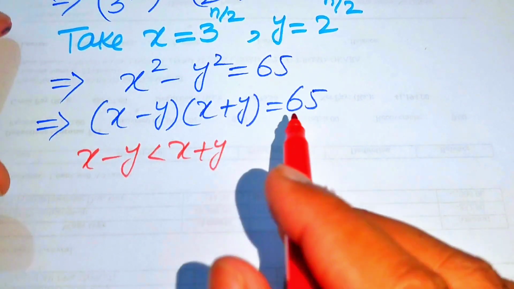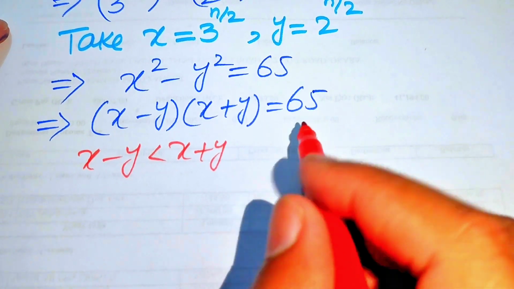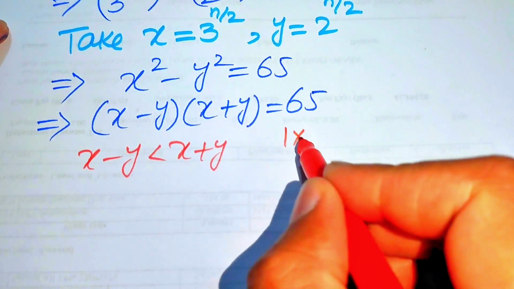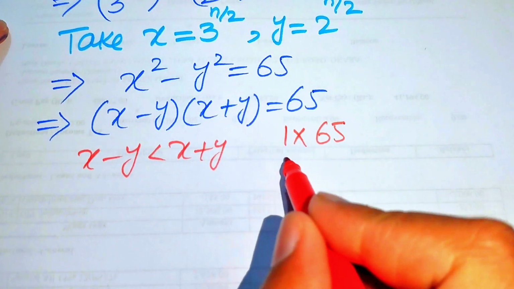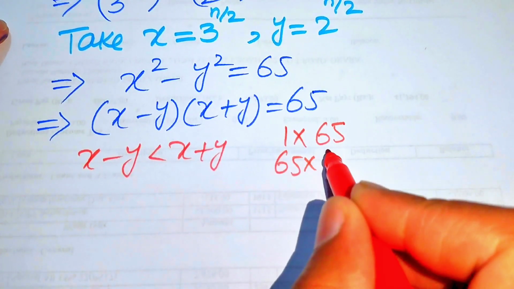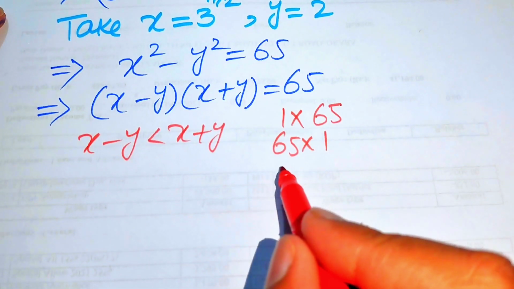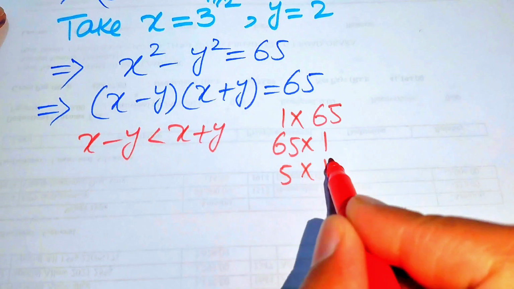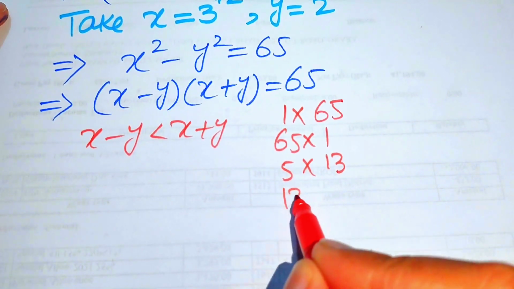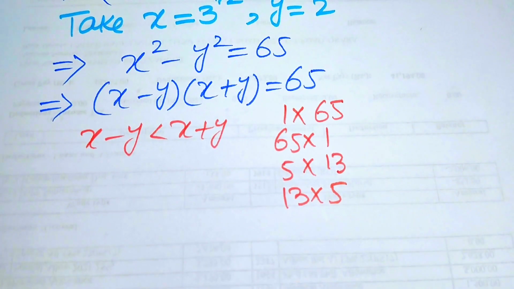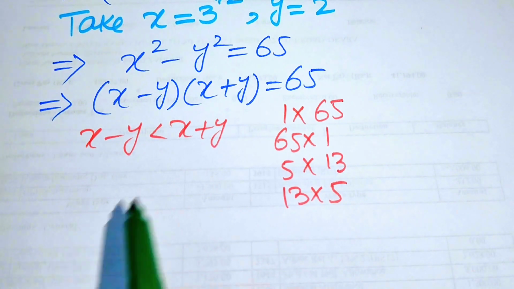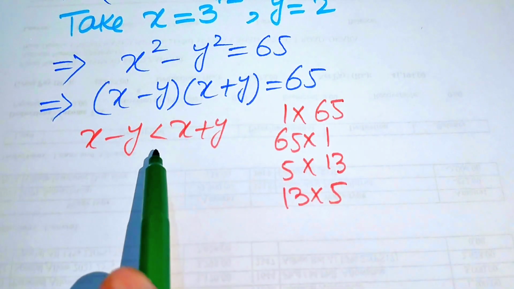So now we make those factors of 65 which satisfy this condition. First we find the pairs whose product is 65, and these pairs are 1 times 65, 65 times 1, 5 times 13, and 13 times 5. Now we compare all these pairs with this relation.